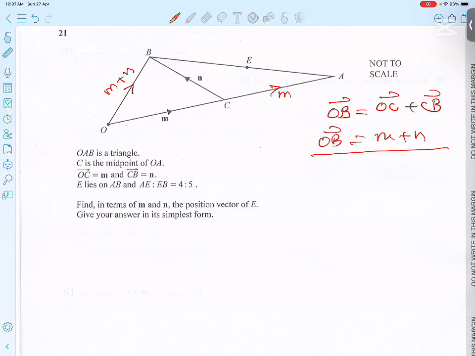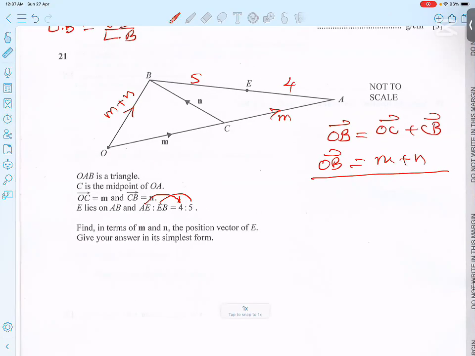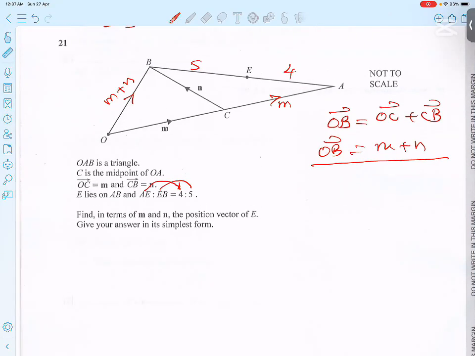Now, what is the plan, students? Given is AE to EB in the ratio 4 to 5. If you look carefully, what is our final plan?